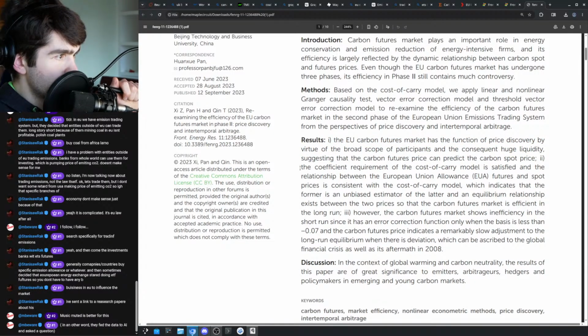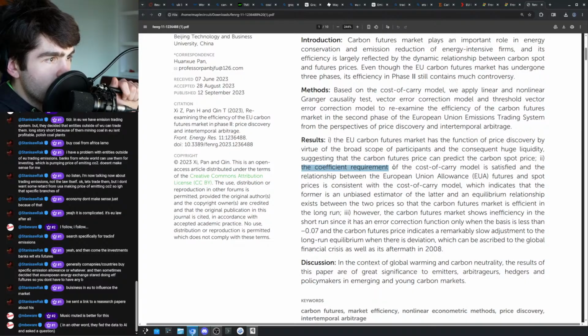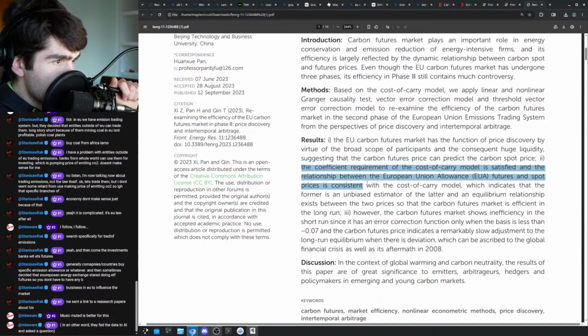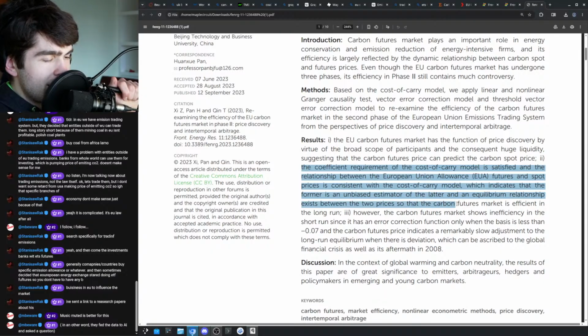Okay, 2. The coefficient requirement of the cost of carry model is satisfied, and the relationship between the EUA, the European Union Allowance Futures, and the spot price is consistent with the cost of carry model, which indicates that the former is an unbiased estimator of the latter, and an equilibrium relationship exists between the two prices so that the carbon futures market is efficient in the long run.